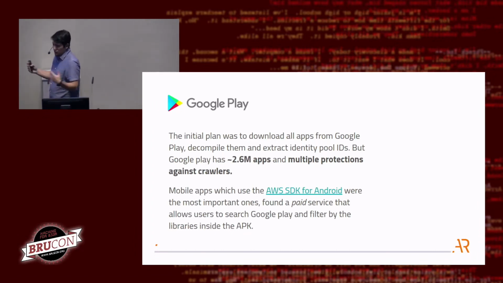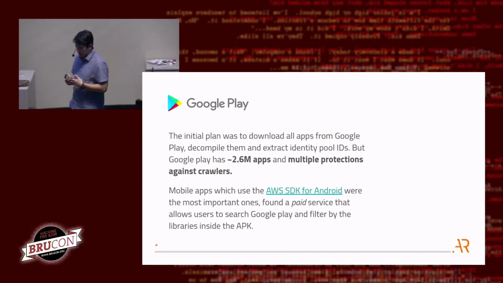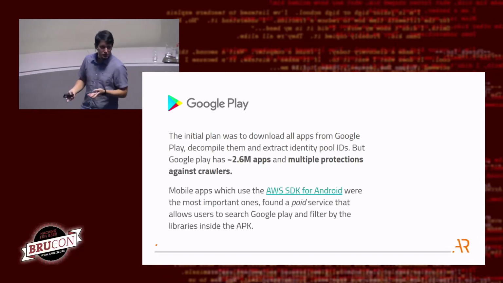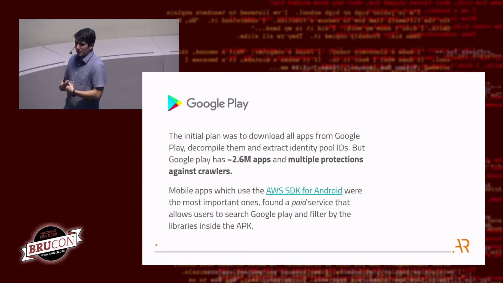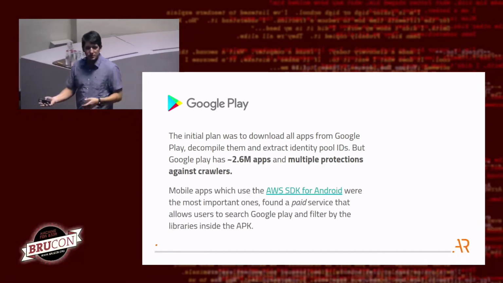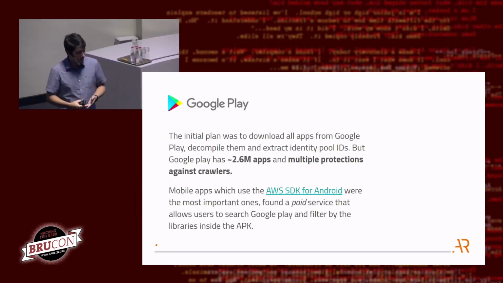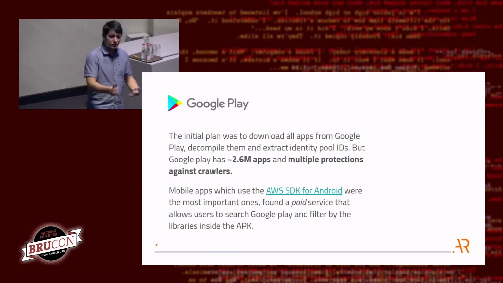And I'm sure that there are many ways in which I could have bypassed those protections, using different email addresses to subscribe to the Google Play Store, using different IP addresses. I'm sure there are ways.